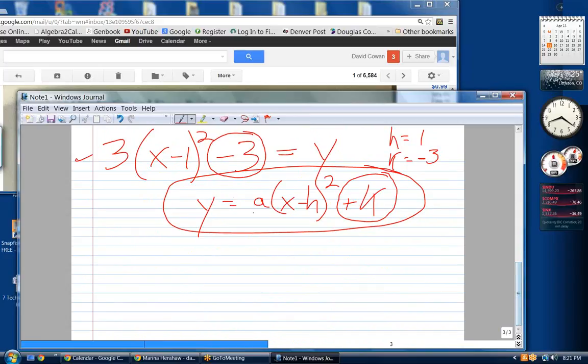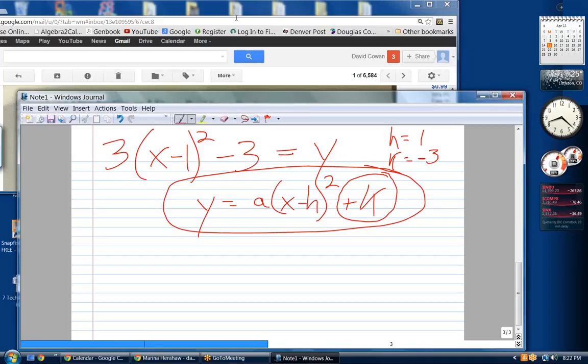But it is important for me to know which one you're doing. It sounds like you're completing the square on these and getting it into the vertex format. In the vertex format, what's A for this equation? 3. Correct. A is 3, H is 1, and K is minus 3.